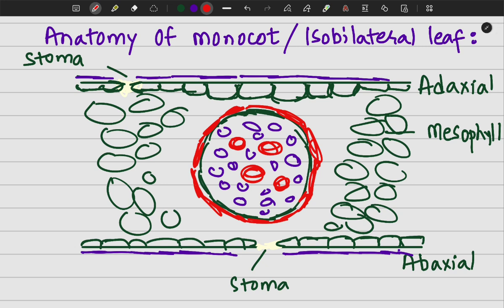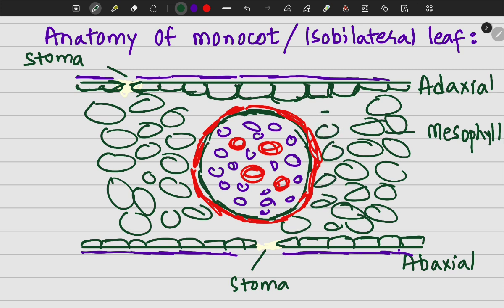Now in case of grasses, certain cells of the epidermis, usually which are closer to the vascular bundles, if this is the vascular bundle, then there are certain epidermal cells which are situated closer to the vascular bundles.